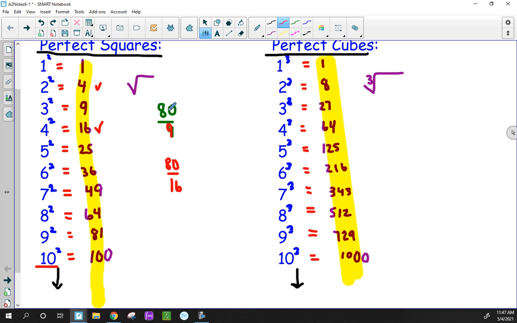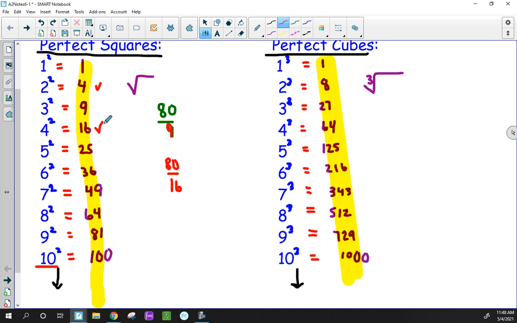You're going to have to be really quick at evaluating these, so make sure you have your calculator in hand. 80 divided by 25 does not work. 80 divided by 36 is a decimal, so that doesn't work. 80 divided by 49 does not work. Divided by 64 is a no. 81 is bigger than 80, so we don't need to try that.